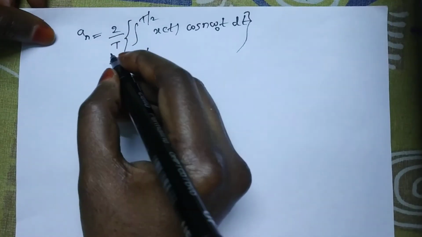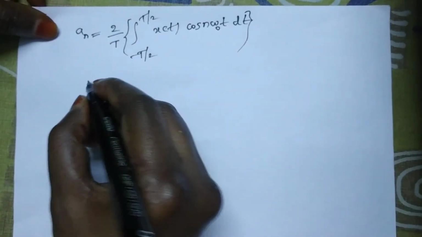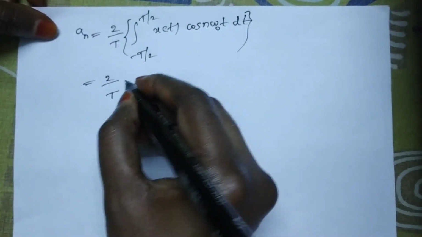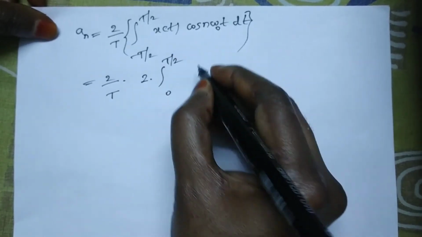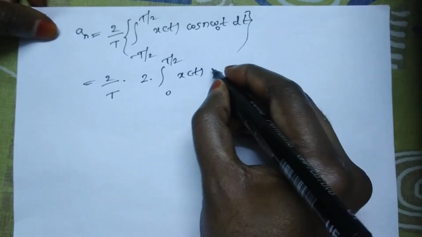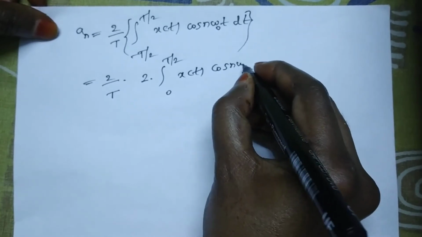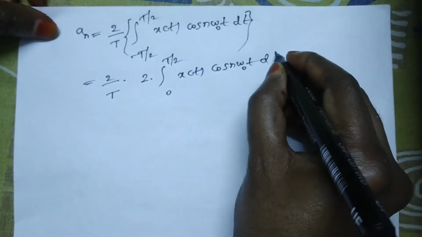And next, the An value you have to calculate. Again use the simplification: 2 times integral 0 to T by 2 of x of t cos n omega naught t dt.